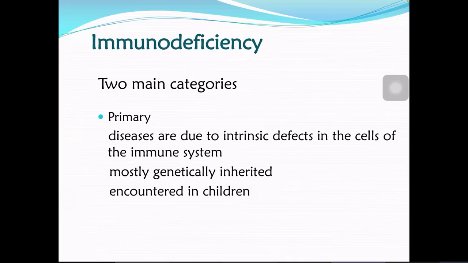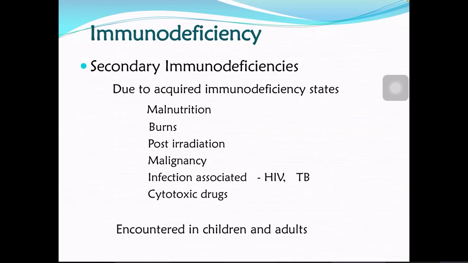Now, if there is a primary category, obviously there has to be a secondary category. And the secondary immunodeficiencies are due to acquired immunodeficiency states. We see patients who are malnourished being immunodeficient. If you have significant burns, you are likely to become immunodeficient. We see a lot of patients who are immunodeficient because of associated malignancies or following malignancy.